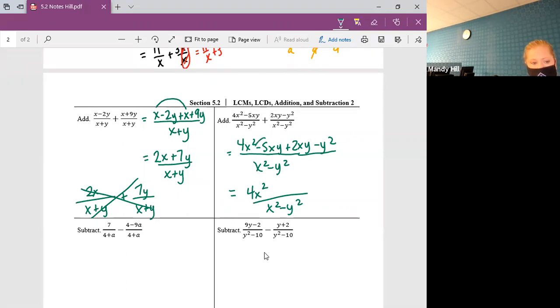These two terms, the negative 5xy and the positive 2xy, they do have the same letters raised to the same powers. So negative 5 plus 2 would give me negative 3xy. I can combine those. Minus y squared. There's no other y squares that are going to go with that. This is not going to cancel out, so that we're done with that.